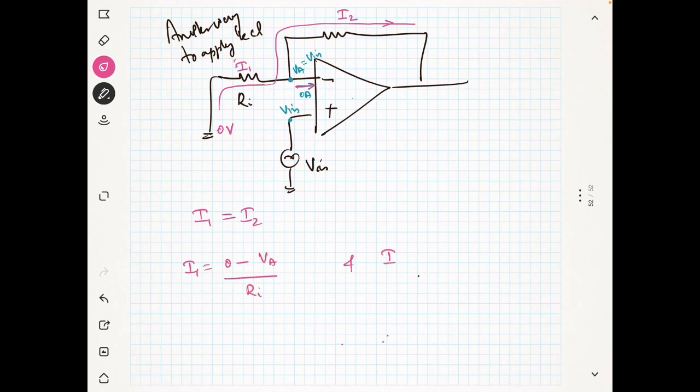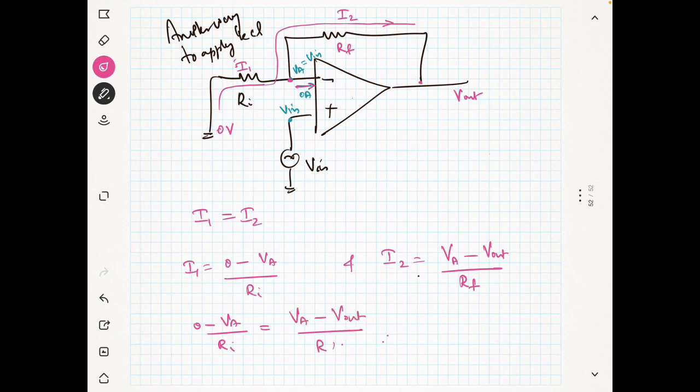And what is my I2? I2 is, this voltage is VA, and at the output the voltage is Vout. So I2 is equal to VA minus Vout divided by RF. And these currents are equal. That means 0 minus VA by Ri will be equal to VA minus Vout by RF.